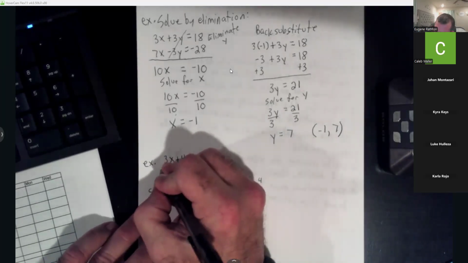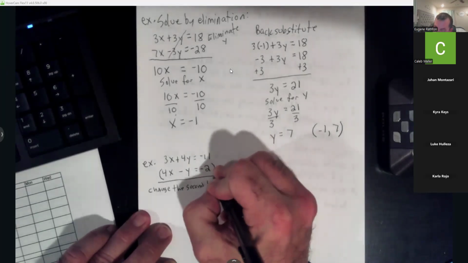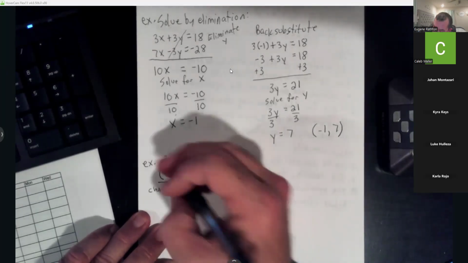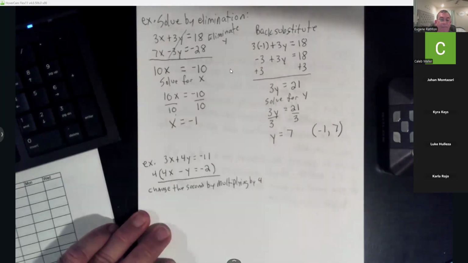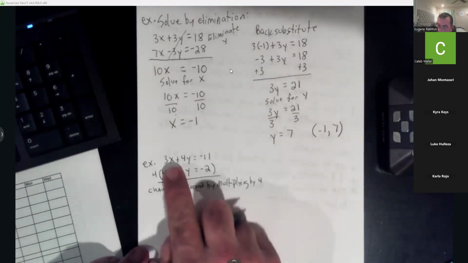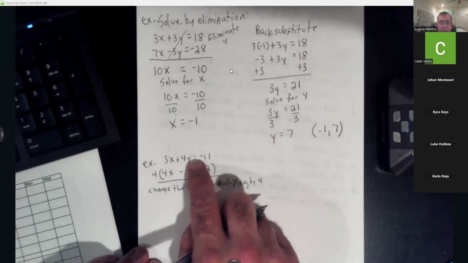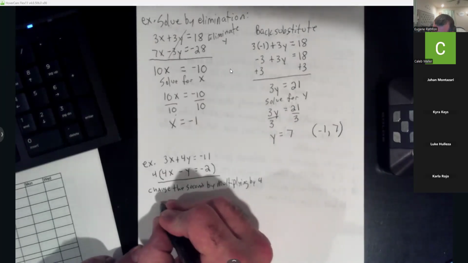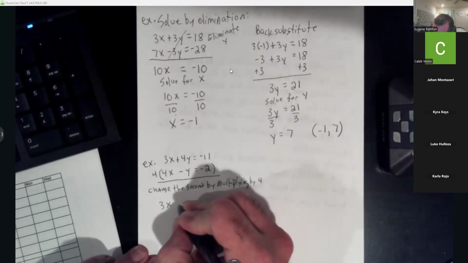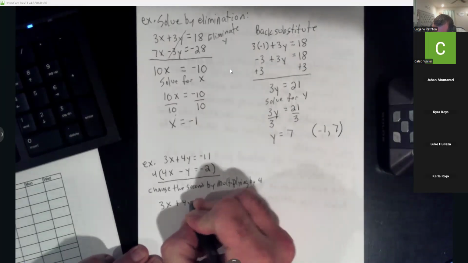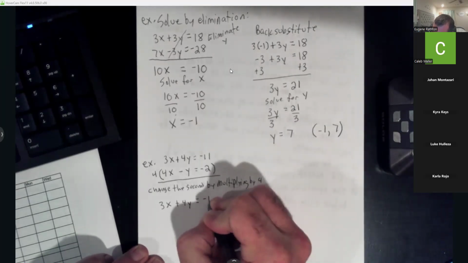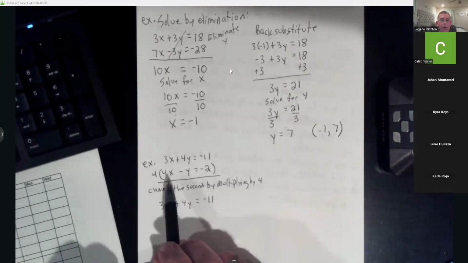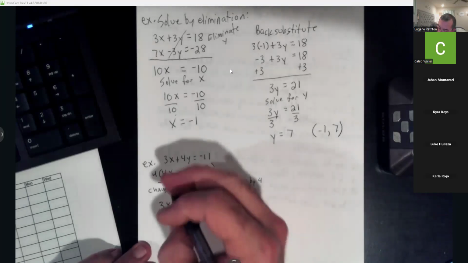Okay, so you're going to come in and multiply all 3 by 4. Now, I didn't change the first equation, so the first equation stays the same. But we are changing the second equation.